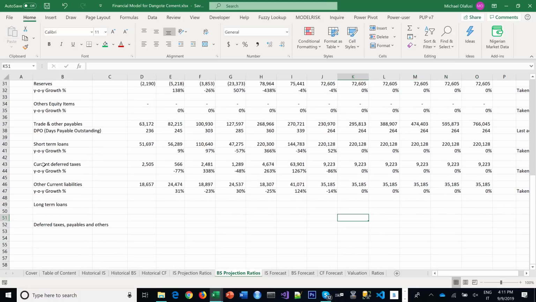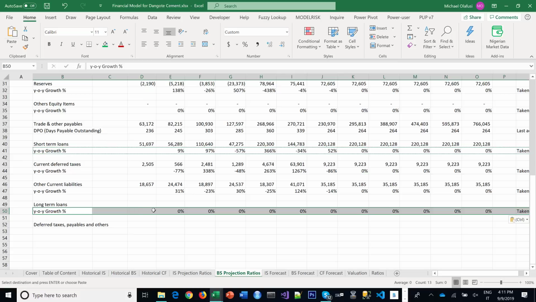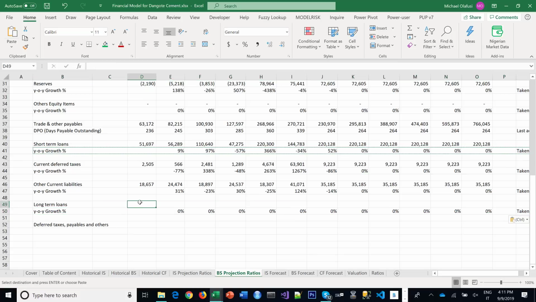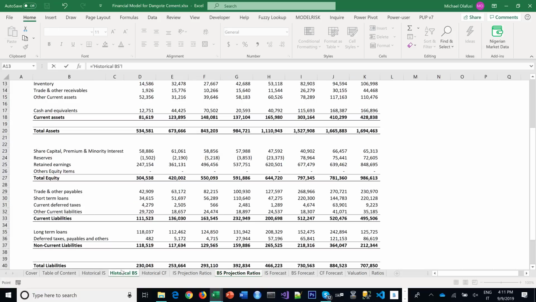Long-term loan, I'm going to do similar. If I do not know your debt plans, raising money and such in debt form, I'm going to say you keep the same debt profile. You refinance whatsoever loan you have, you keep the same value of loan on your book.